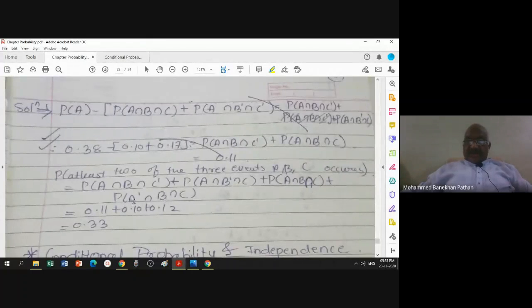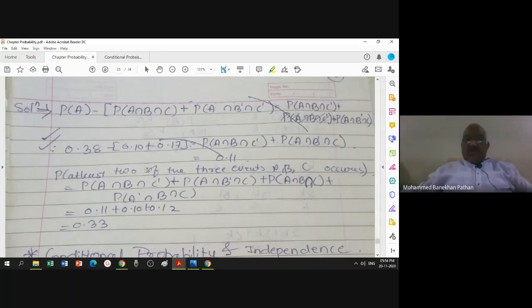Plus probability A' ∩ B ∩ C. This is the chance of B and C occurring. And here probability A ∩ B ∩ C, the chance of all 3 occurring. Because I want at least 2, I start from 2 and go up to all possibilities.